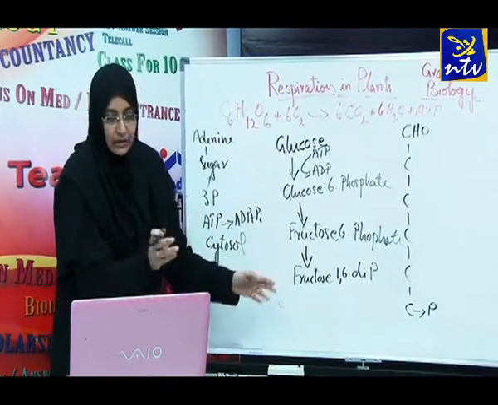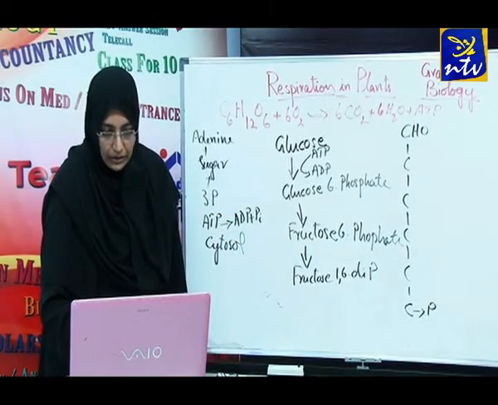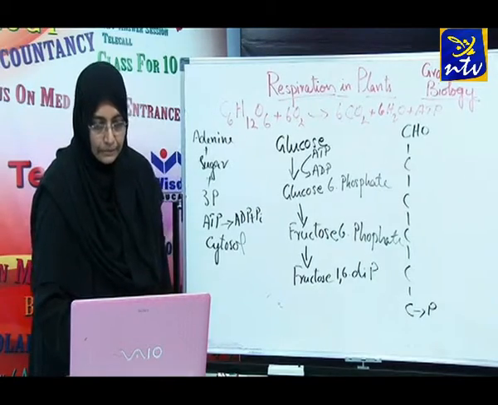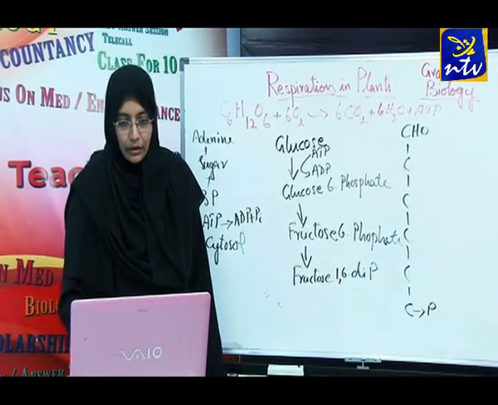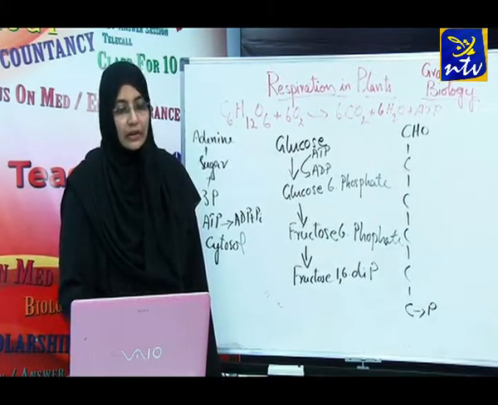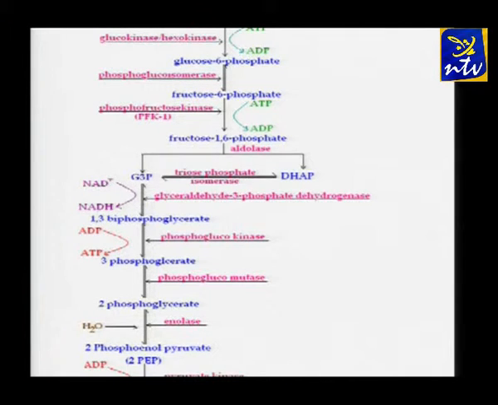Now, let us see the various steps of glycolysis. Glucose 6-phosphate is converted into fructose 6-phosphate, and fructose 6-phosphate to fructose 1,6-diphosphate. Then fructose 1,6-diphosphate is broken. That is, 2 molecules are formed, each with 3 carbon compounds.